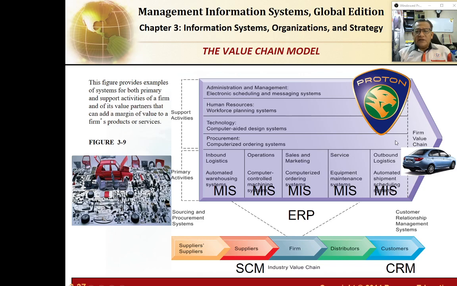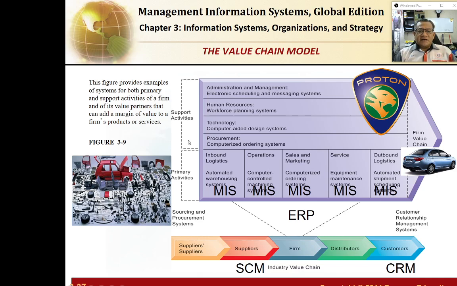However, there is a value chain in order to produce this Saga model. Proton might need 200 or 300 components or parts in order to produce one car. So how does Proton manage to assemble those 200 to 300 components in order to produce one car?